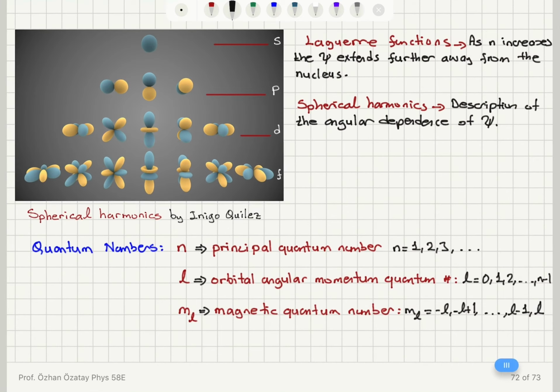And the quantum numbers that arise are the principal quantum number, which can take integer values 1, 2, 3, etc., orbital angular momentum quantum number 0, 1, 2 to n minus 1, and magnetic quantum number minus L all the way up to plus L, integer values.